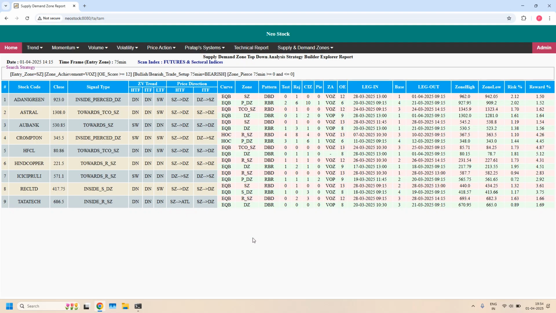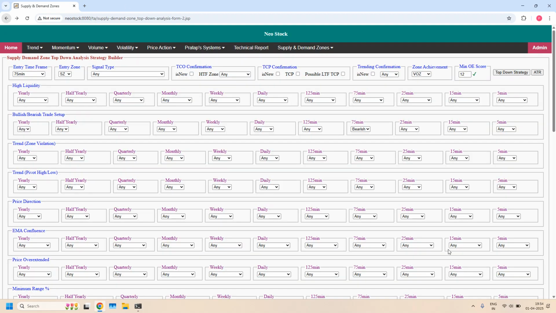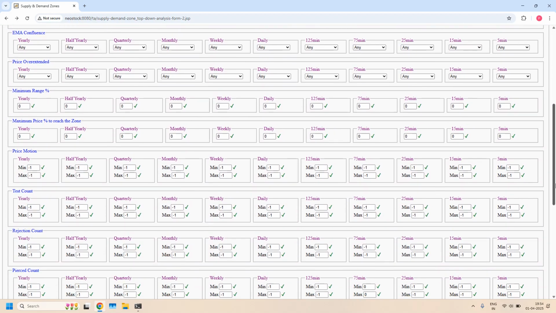So out of these 9 75 minute supply zones, we can further filter based on high probability trade setup parameters, zone confluence. First filter is LTF, ITF supply zone confluence. That is 75 minutes and daily supply zone confluence.